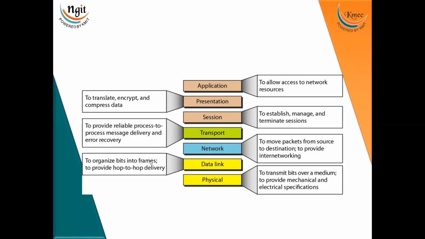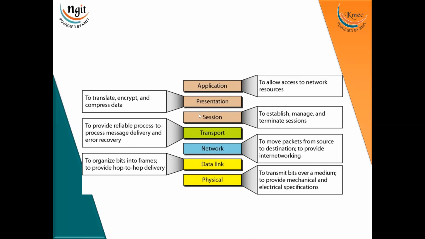Hop-to-hop delivery means from sender to receiver, system to system. What is the network layer? To move the packets from source to destination and to provide internetworking. What is the transport layer? To provide reliable process-to-process message delivery and also error recovery.